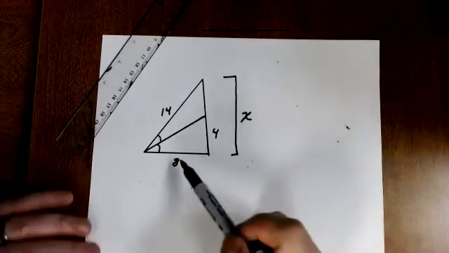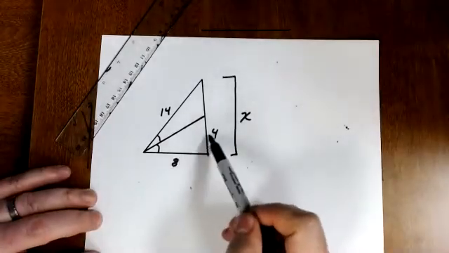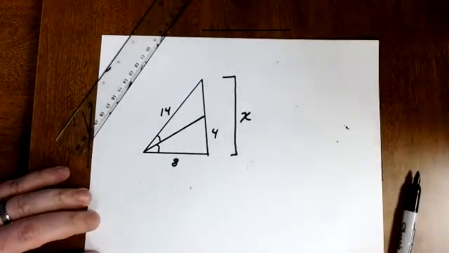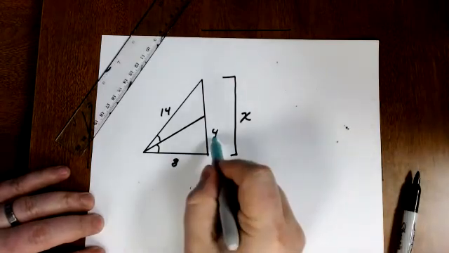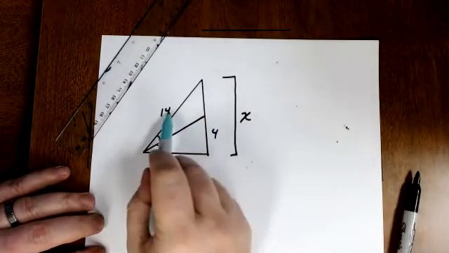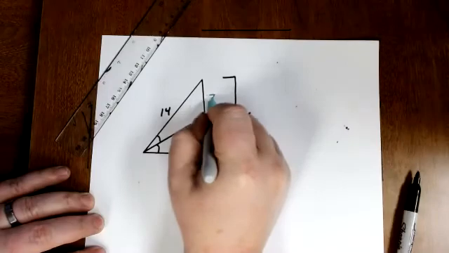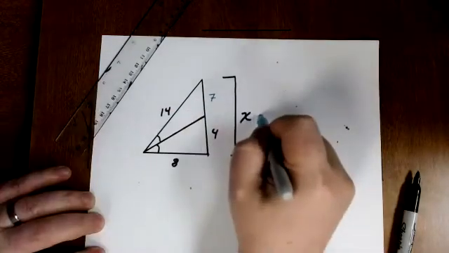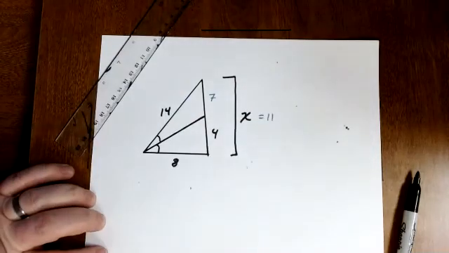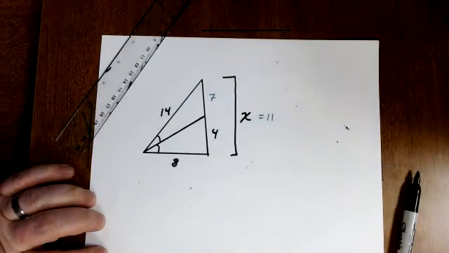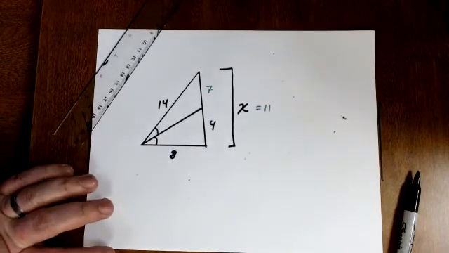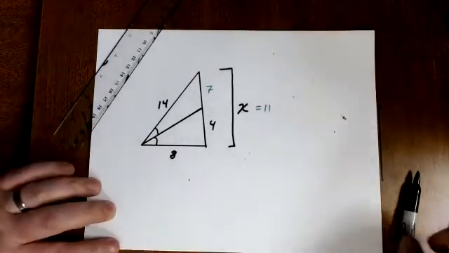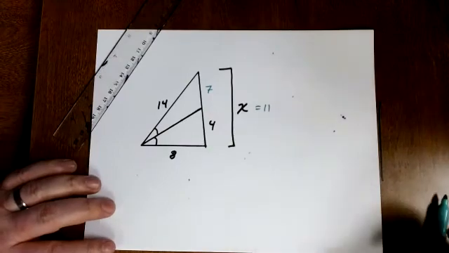That's right. 8 and 4. Well, you're just dividing by 2, right? So if you divided by 2, that would be 7. And so x is 11. Nice catch. Looking for scale factors. Very nice, Shemaine.